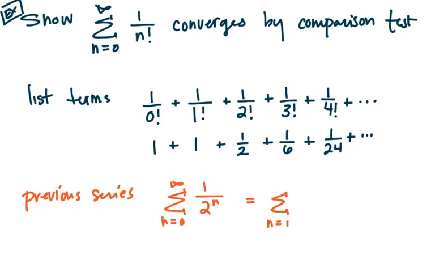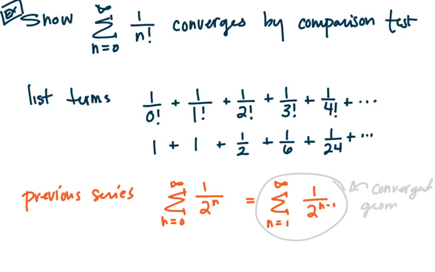With n equals 1, this would be the same as n equals 1 to infinity of 1 over 2 to the n minus 1, right? So just changing that index changes the exponent there. And we did an example in one of my previous videos that looks like this. And this was a convergent geometric series.